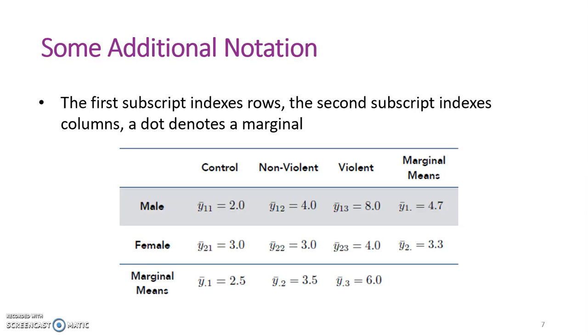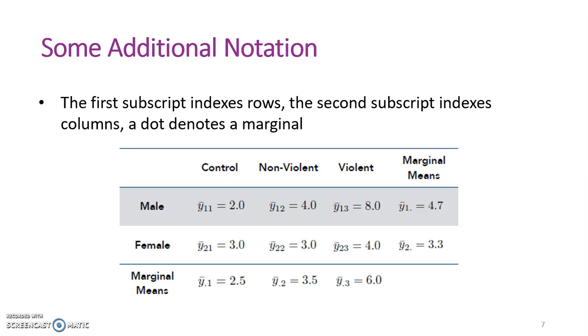For example, the mean for the control group males is Y bar sub 1,1, meaning the first row and the first column. For the female control condition mean, right below that, it's Y bar sub 2,1, which indicates the second row and the first column, and so on.